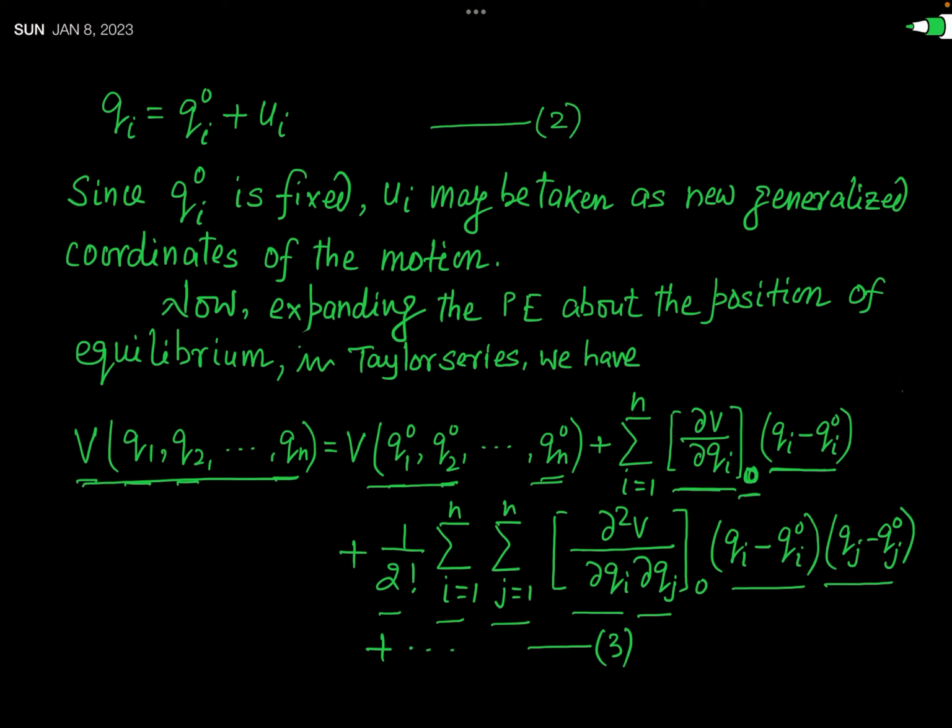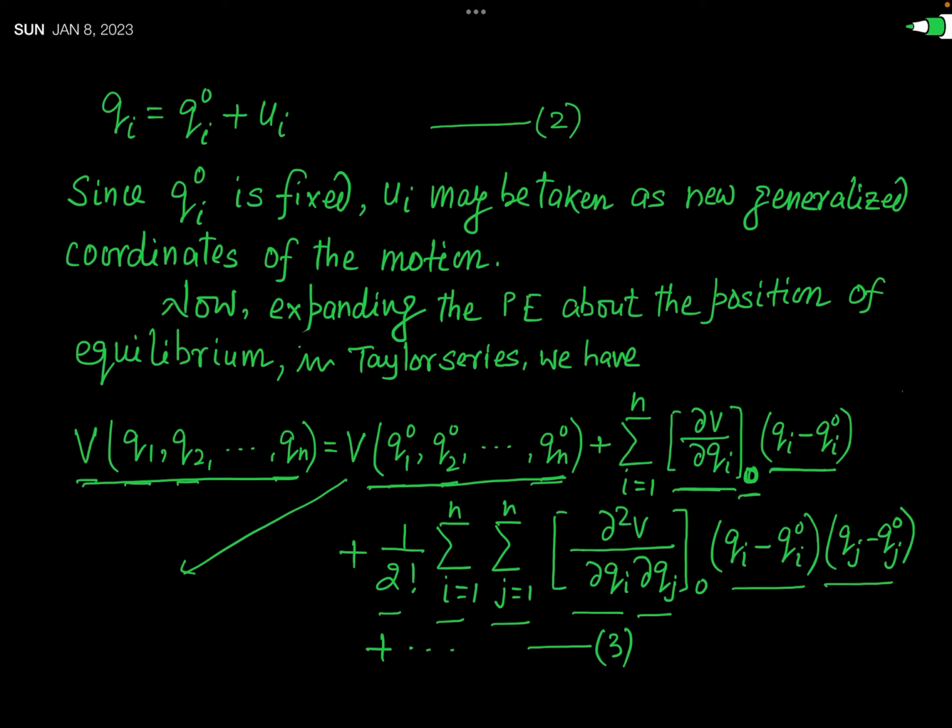But see, the first term in this expansion in the RHS of this equation 3, this V of Q10, Q20, Qn0, represents the potential energy of the system at the equilibrium position. It means this is the potential energy of our system when it is in the equilibrium state. And you know that potential energy in the equilibrium state is extremum. It is either minimum or maximum or stationary.